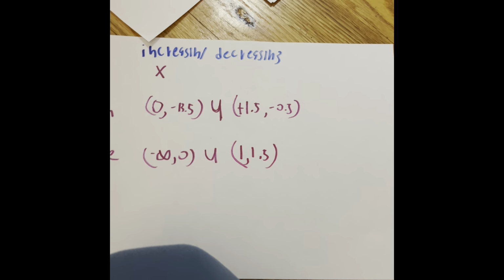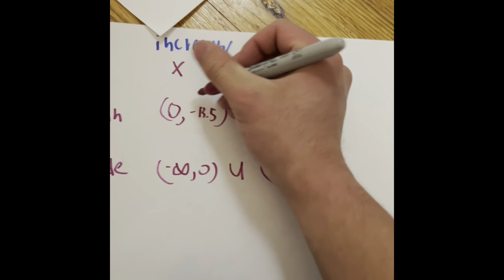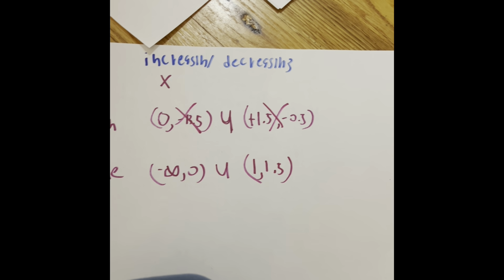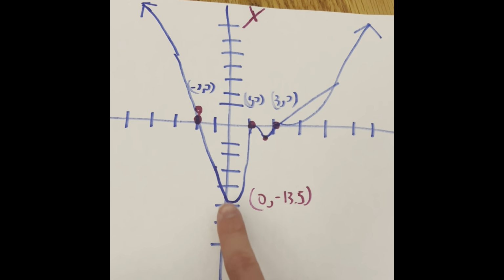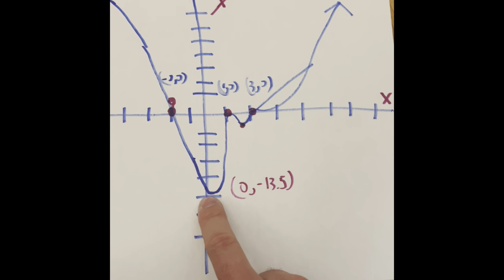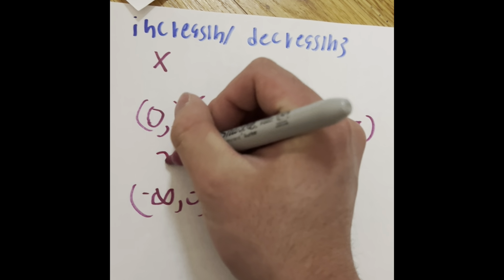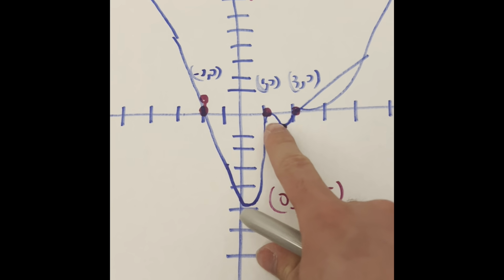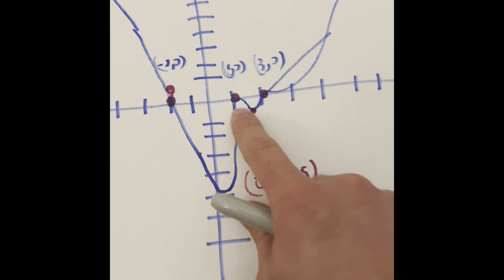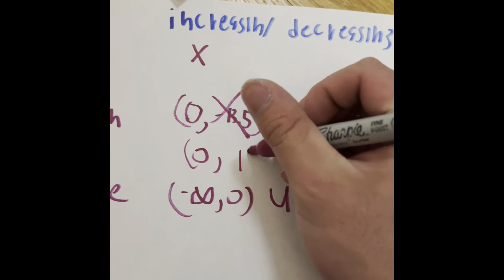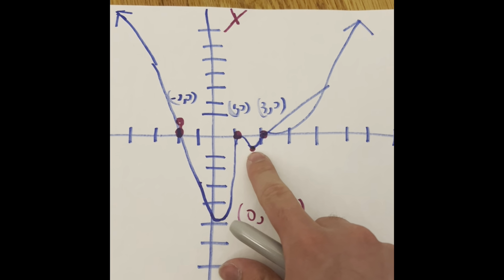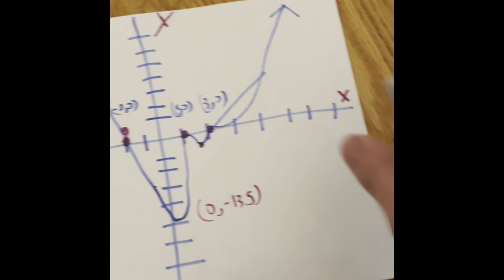But there's a problem. The top one, we just listed coordinates, which is another trap we cannot do. So we have to focus on the x. So it starts to decrease at 0. So we're going to put 0 right there. And it stops at 1.0. So we're going to say it goes 0 to 1, and it's going to be union with 1.5 to infinity.